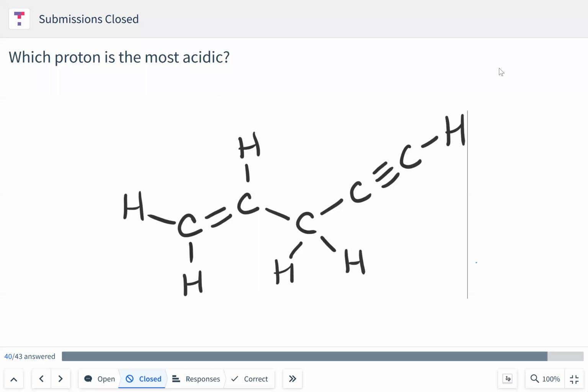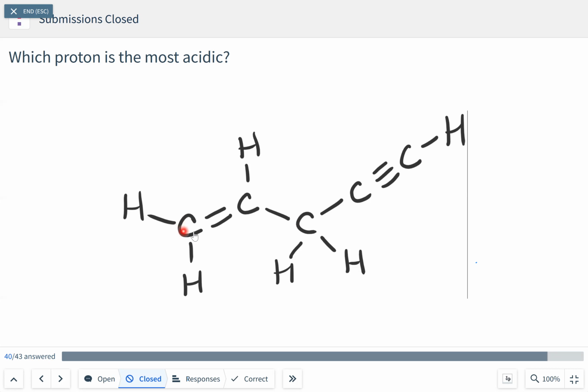Okay, so to answer this question, we need to figure out the hybridization of each carbon. So we've got 1, 2, 3, 4, 5 carbons. One of the carbons has no protons on it at all, so we don't need to worry about that one. And then the remaining 1, 2, 3, 4, we just need to figure out the hybridization.